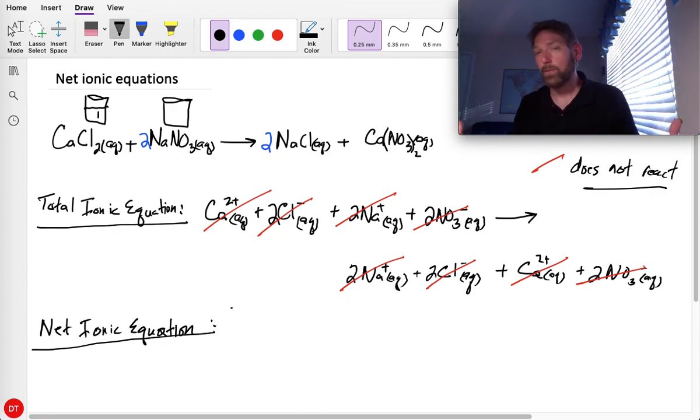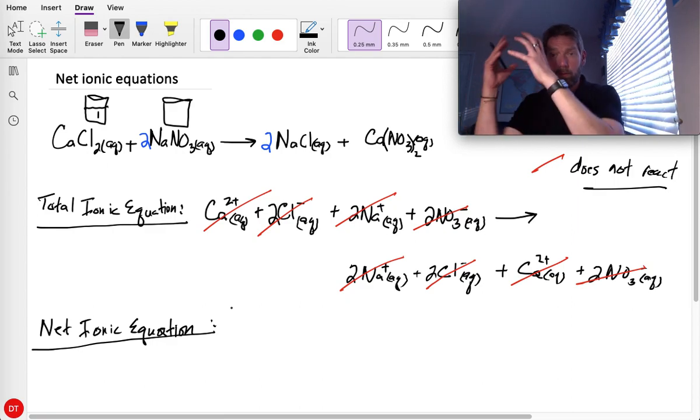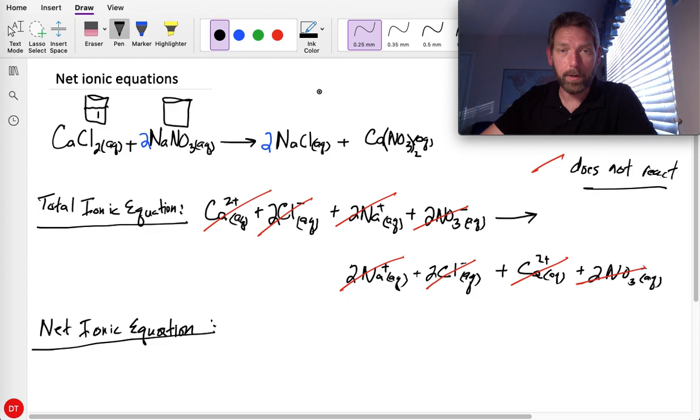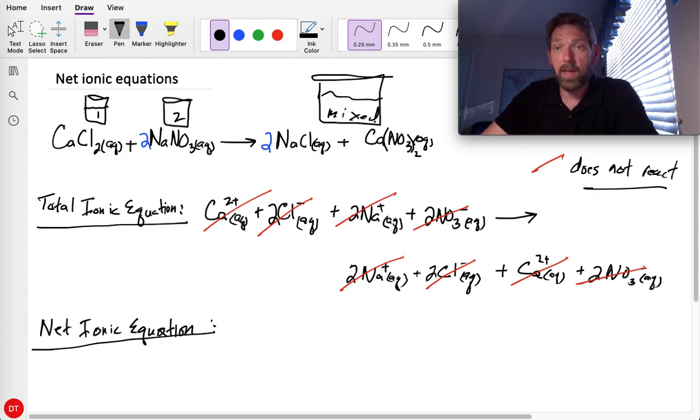Everything stayed in solution on both sides, in the first beaker and then in the second beaker, because when they were mixed together into this one big container, this is the second solution we had, and this is all mixed together. Nothing happens. So there is nothing left over to react and come together.